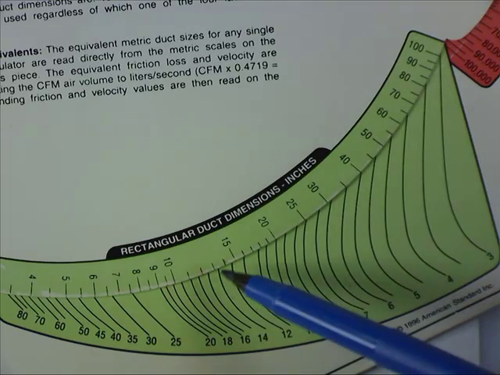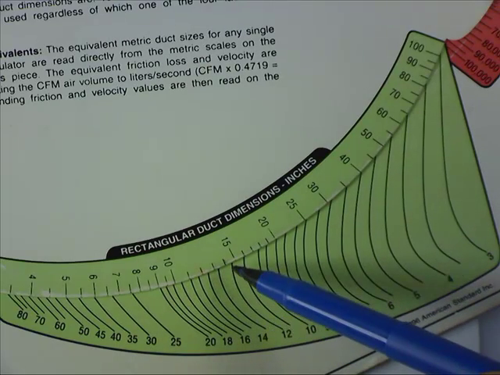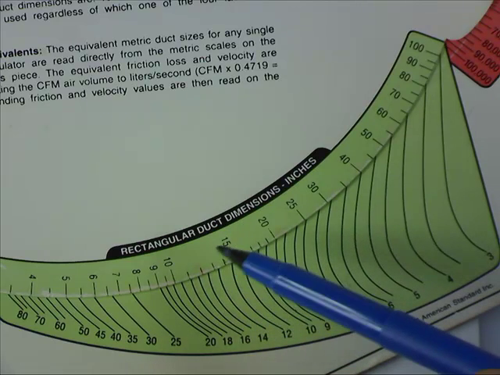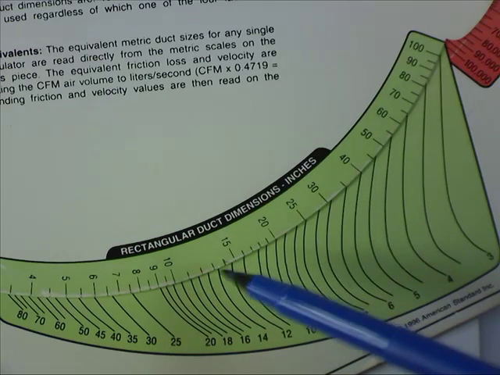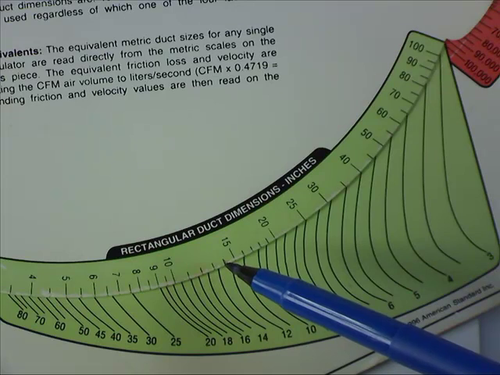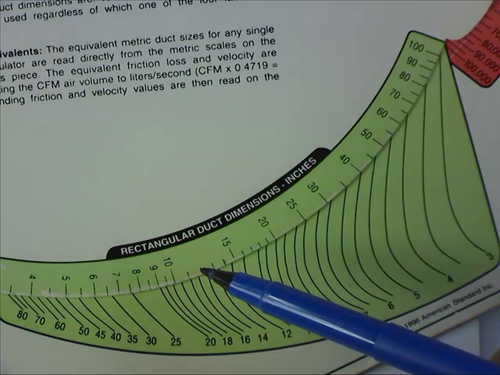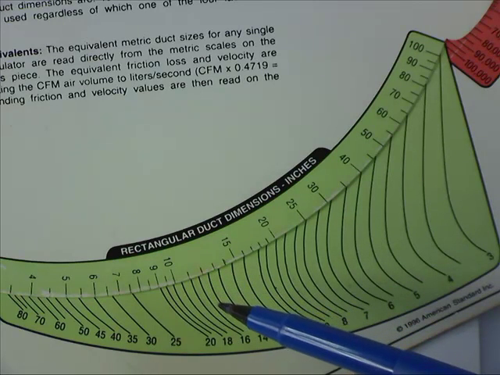I don't have 14 inches of height, so I'm going to have to go down to my 12-inch. Whenever I do that, I follow this line down, and I can see it's somewhere between 16 and 14. So I'm just going to go ahead and bump it up to the 16. I like to use even dimensions.